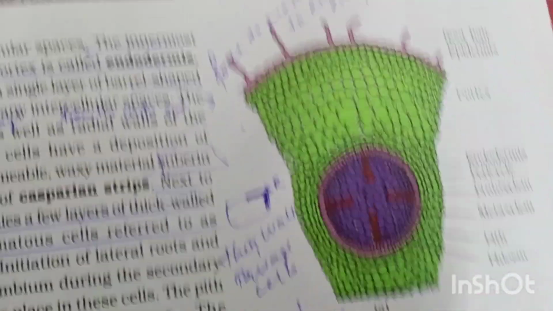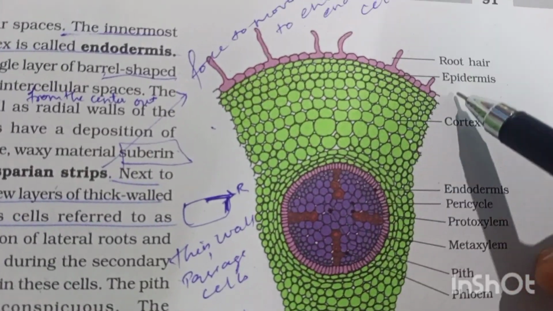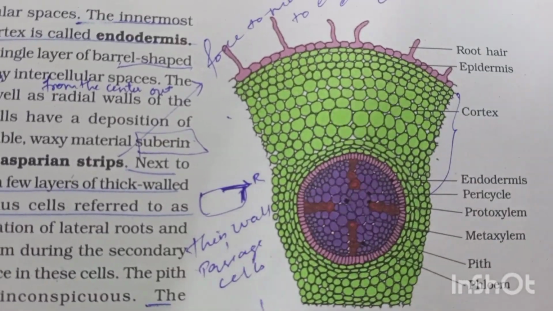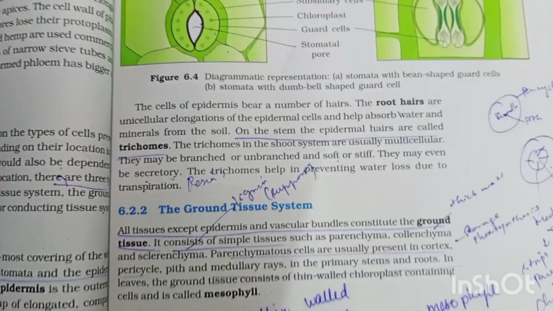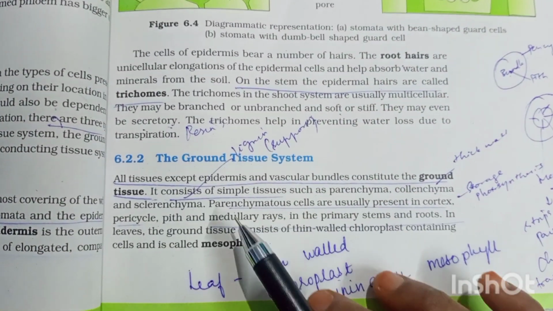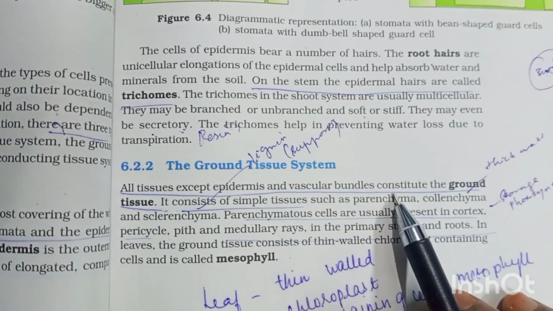So next one is the ground tissue system. Everything below this epidermis forms the ground tissue system. It is either made up of parenchyma, collenchyma, or sclerenchyma. So what is parenchyma?